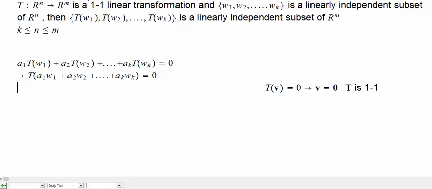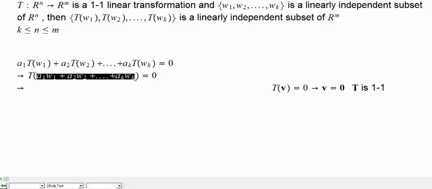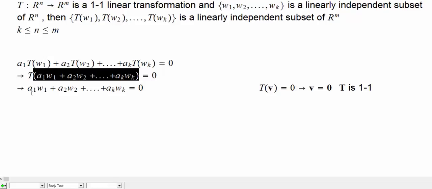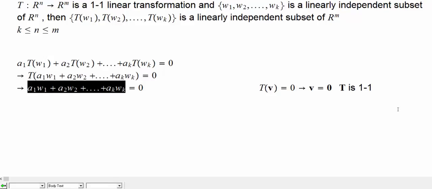So now, because of this argument that we have, the image of this vector is 0, which means this vector itself is the 0 vector. Now remember, all these vectors w1, w2 up to wk are linearly independent.